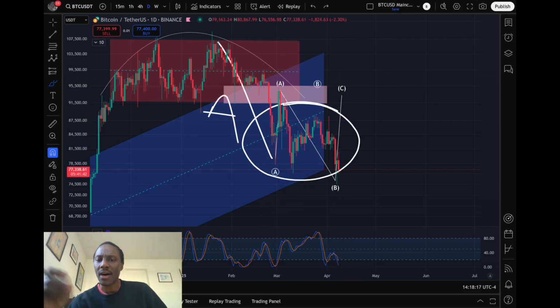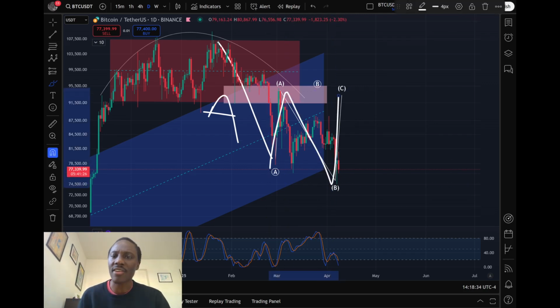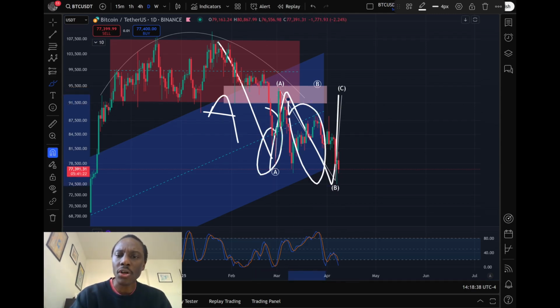Precisely. Now, think Russian dolls. We can break it down because every single wave theoretically is made up of a smaller version of three corrective waves, okay? So when you see this ABC flat correction, each component is also made up, the A and the B components rather, not the C components. The C component is typically just an impulse, okay?